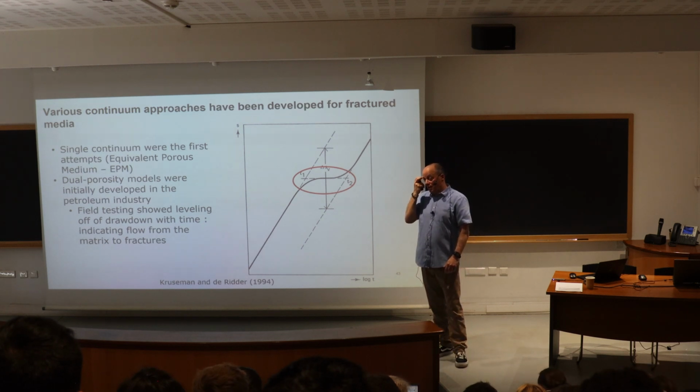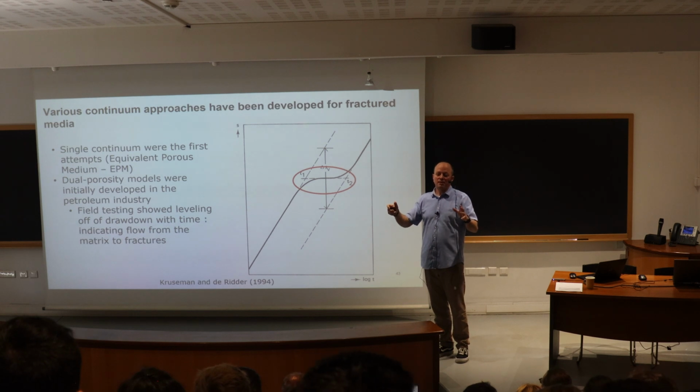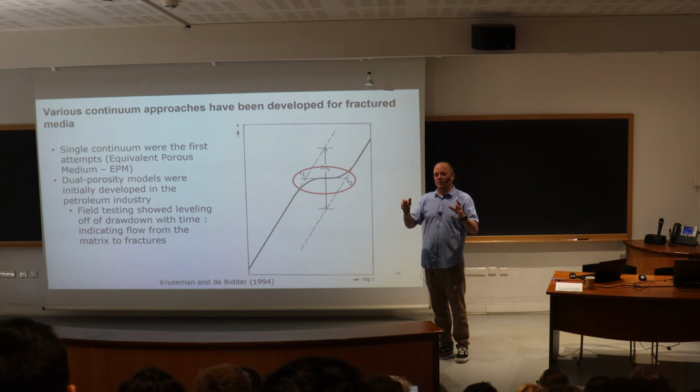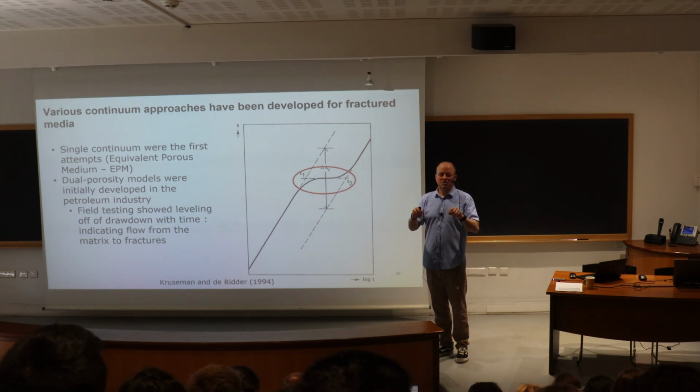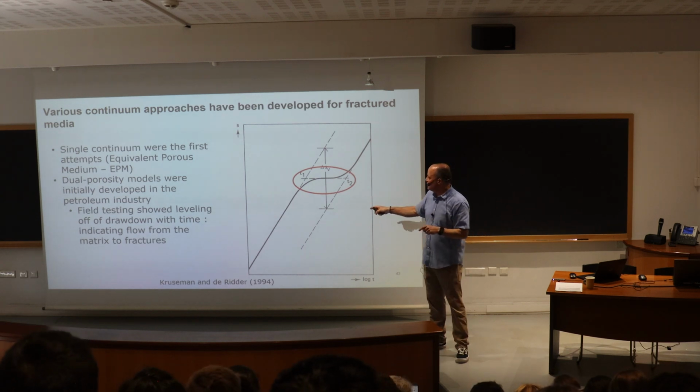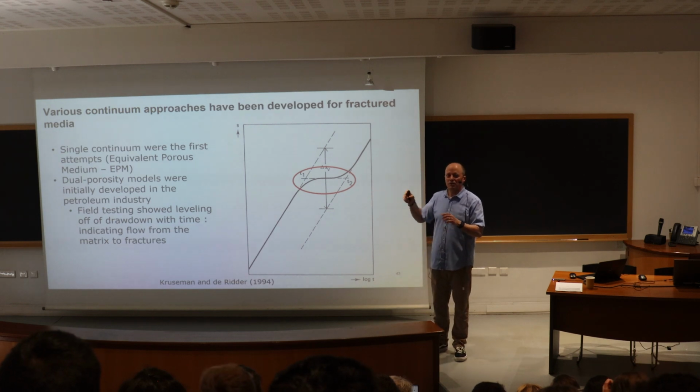Their concept was that when you start pumping in a fractured reservoir, the fluid will quickly respond in the fractures, so the pressure will decrease, and you will get this initial behavior.